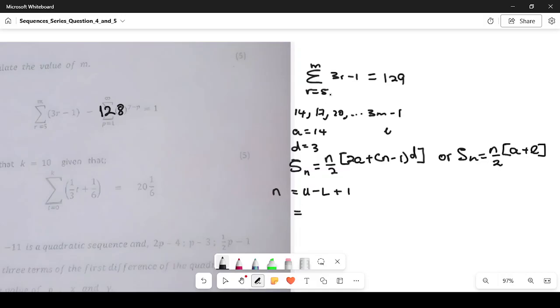Our upper bound in this sum is m, so that's m minus the lower bound, which is 5, plus 1. Therefore, n is equal to m minus 4. Now we have our n, our first term, and our common difference, so we can compute the sum of this nth term.